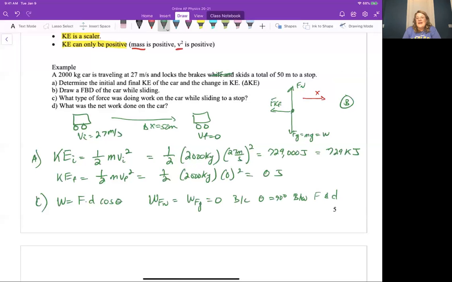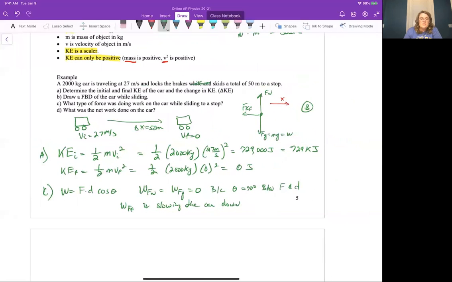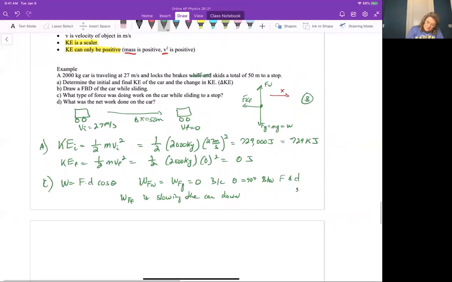Force of gravity is straight down, that's a 90-degree angle to the displacement. So theta is 90, cosine of 90 is 0. There's only one force that can be doing work, and that is the force of friction. It's slowing the car down. Something has to slow it down. So when you speed something up or slow it down, you're actually doing work on the object.